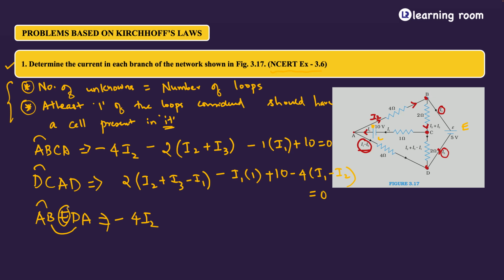You're walking from higher to lower potential, so it will be -5. And going from D to A, it will be +4 into I1 minus I2 is equal to 0.